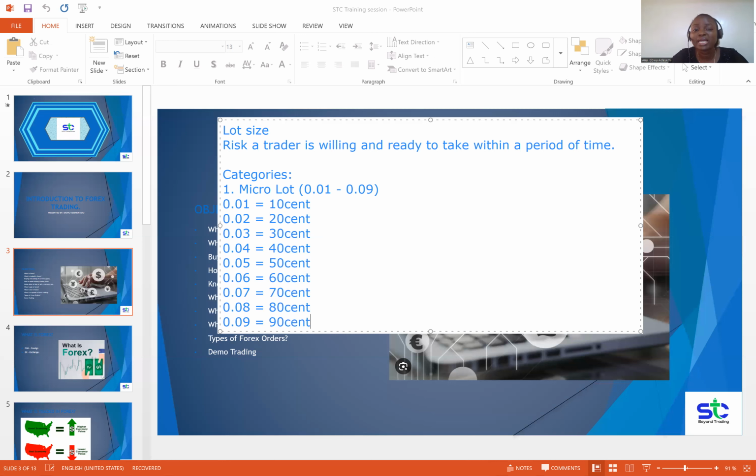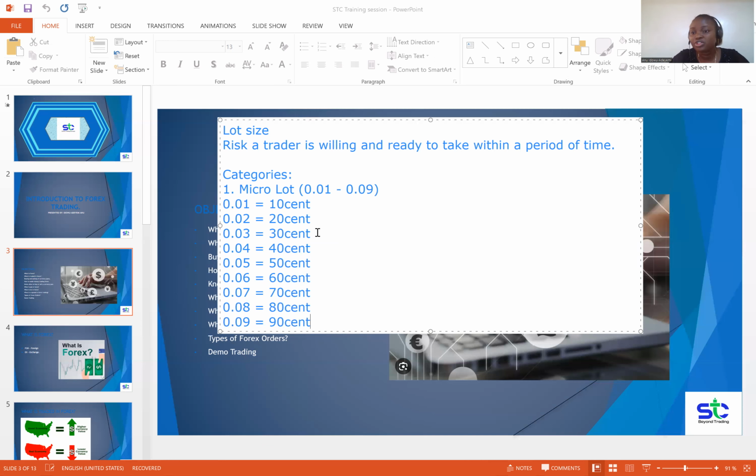Now, that's why I said it is the risk a trader is willing and ready to take within a period of time. What this means is this: if two people enter a trade, let's say myself and Mr. Caller, we enter the same trade at the same time, but we decide not to use the same lot size.